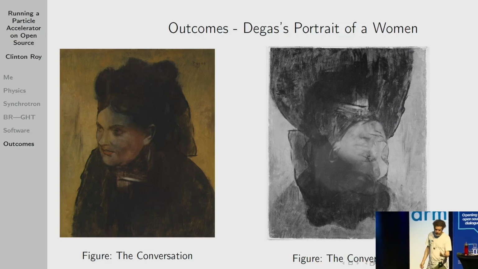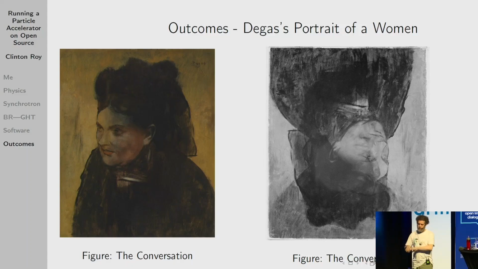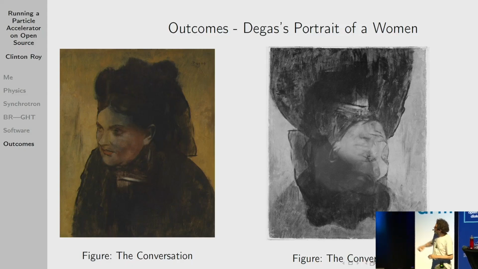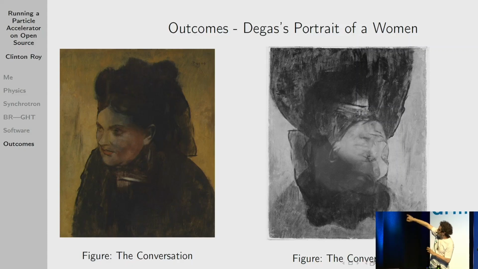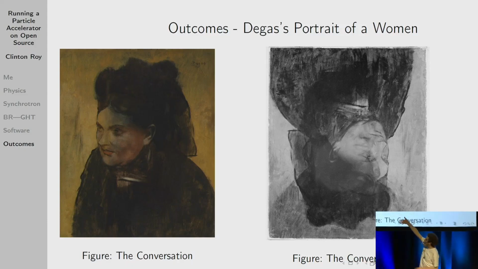We do a lot of cultural work. This is a very popular one at the synchrotron when you do tours. It's very common if an artist has done work and they're not particularly happy with it, that they'll reuse that canvas and do another artwork on top. If you have a look at the top, I'm not sure if that's a hairstyle or a cap, but if you notice that particular wavy line at the top, and then you flip that image, you'll see that wavy line down the bottom.